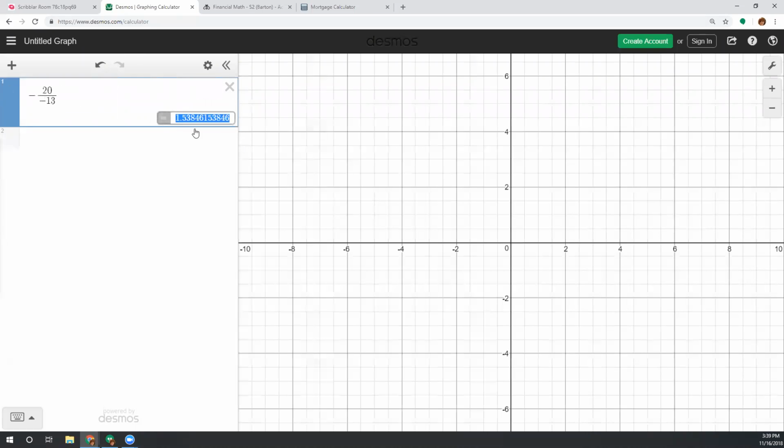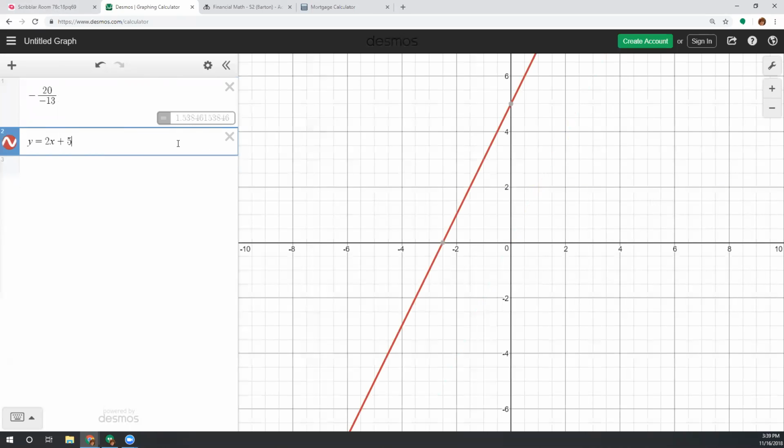Comes out as a weird decimal. It's hard to make problems that come out nicely when I'm making them up off the top of my head. And the Desmos calculator is also great because it does your normal calculations and it does any graphing. If you have to do any sort of graphing assignment, this one is really useful to check your work instead of doing all your graphing by hand.